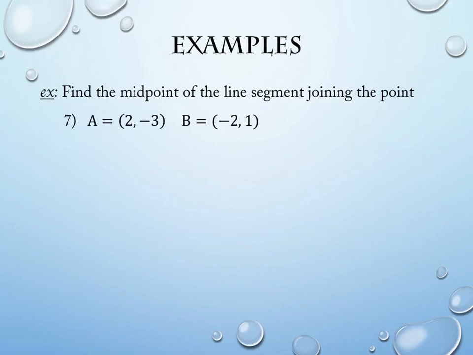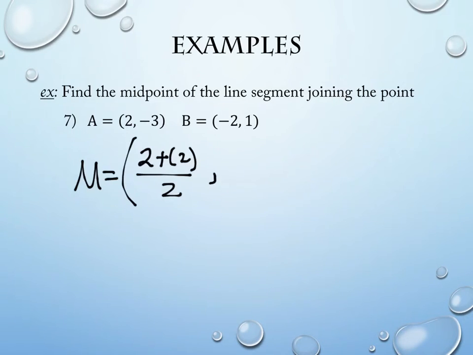So we're going to find one, of course. Same points we had before when we found distance, A and B. So we're finding the midpoint. I'll just call it M. We want to add the x values together, so it's 2 plus negative 2, and then over 2. And then we're going to add the y values together, which is negative 3 plus 1 over 2.